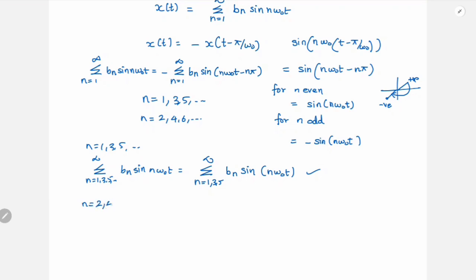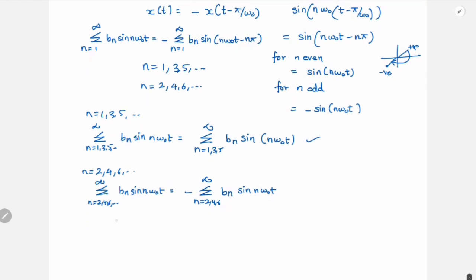Let's check what happens for n even. Summation n equal to 2, 4, 6 and so on up to infinity bn sin n omega naught t. On this side we get plus from the sign and minus here, so we get minus summation n equal to 2, 4, 6 to infinity bn sin n omega naught t.